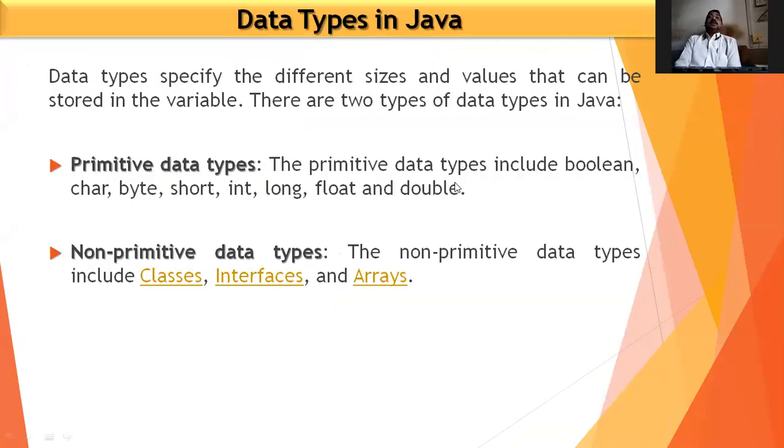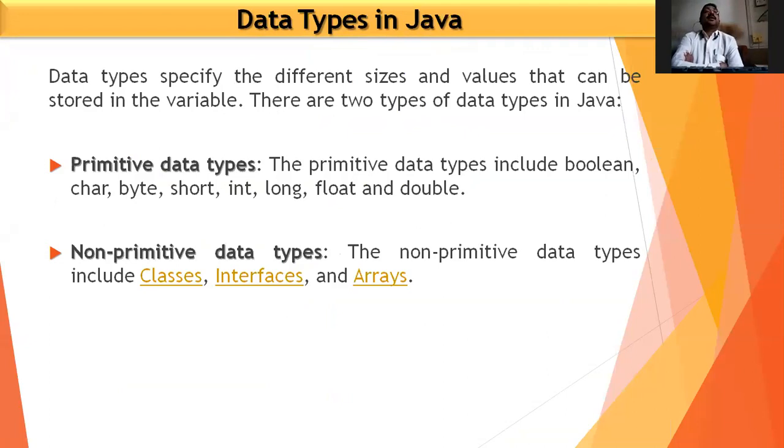Now the data types in Java. Data types specify the different types and values that can be stored in a variable. There are two types of data types in Java. We can know where we can store the data in Java: we store this data in data types.